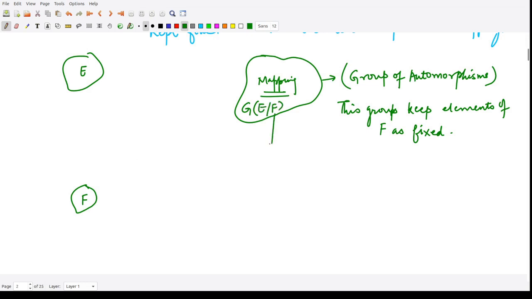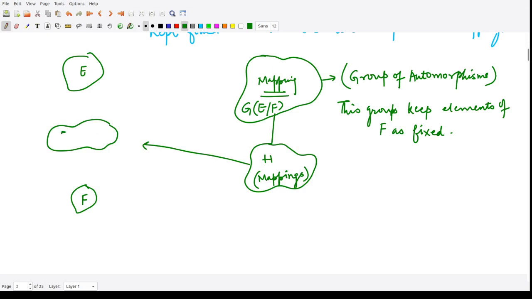Now what we are doing, we are taking some subset of this one, we are calling this to be H. So it will by default contain all the mappings which are isomorphisms from E to E, and corresponding to this H we are constructing some field over here, E_H.